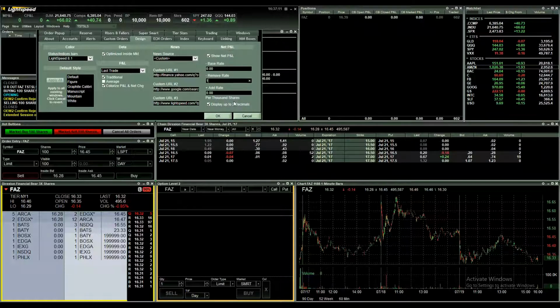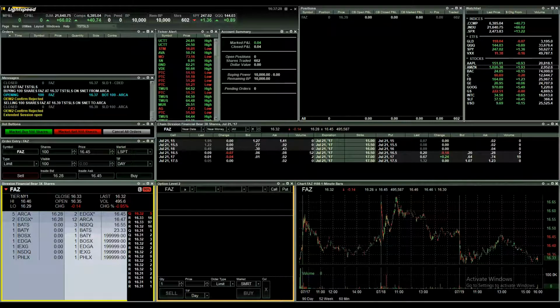So I can put in various numbers here. My remove rate for the LSPT route would be 150. If I generally use ARCA, it would be $3. And my add rate would be +2. So I can enable that and have my net P&L display on the software there.